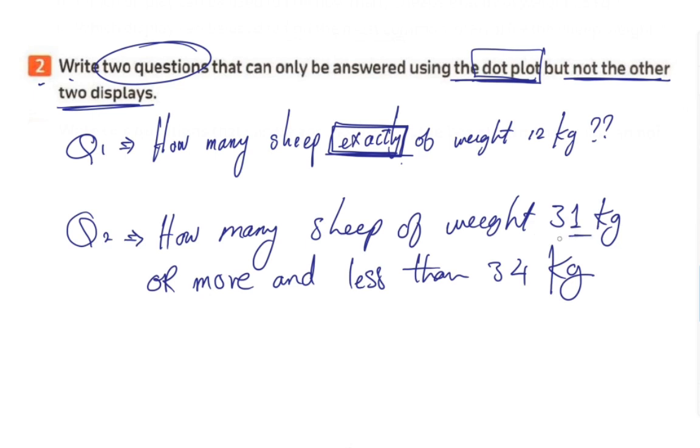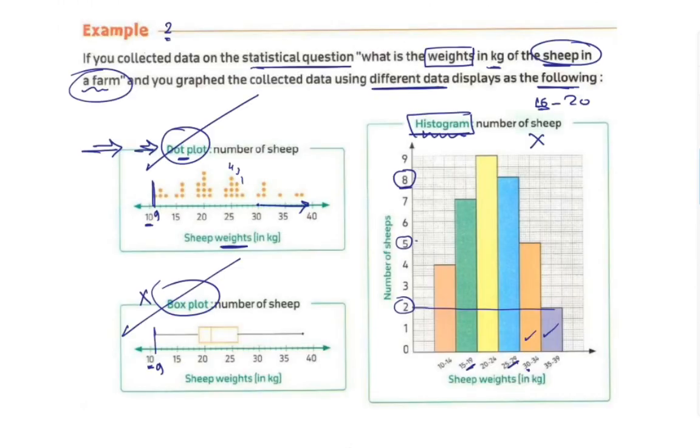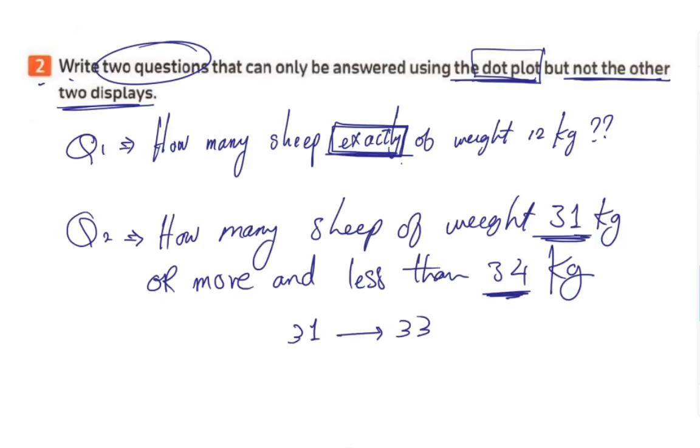Look with me. From 31 less than 34, that means I will start from 31 up to 33. Right? If you go to the graph, here it is from 30 to 34, and my question is from 31 to 33.